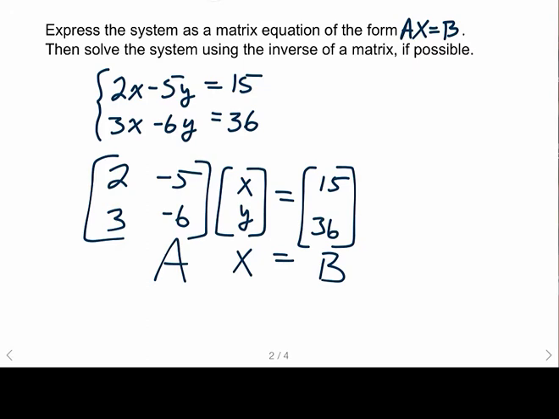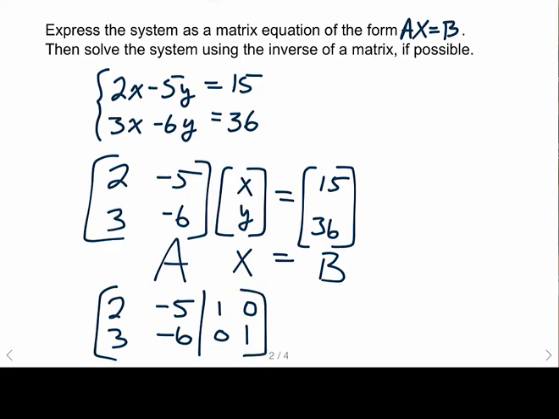Since A is 2, -5, 3, -6, and we want to find its inverse, we're going to set up an augmented matrix: 2, -5, 3, -6 in a vertical line, and then 1, 0, 0, 1, and perform row operations. At this point, I'm going to refer you to the video called Inverses of Matrices, where we actually found the inverse of this matrix.